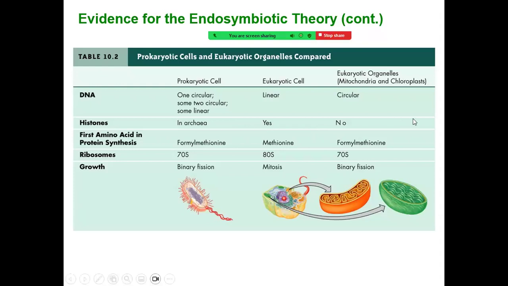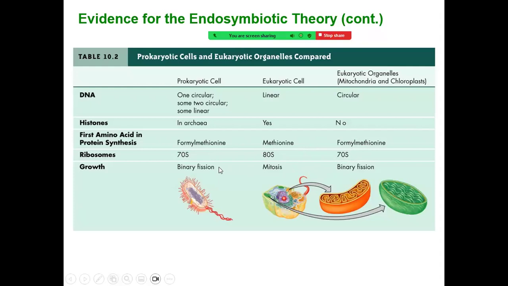When we look at the first amino acid made in protein synthesis in the mitochondria or the chloroplast, it's always formylmethionine. When we look at the ribosomes of a prokaryote, they're 70S in size. When we look at the ribosomes of a eukaryote, they're 80S in size. When we look at the ribosomes of the mitochondria and the chloroplast, they're 70S in size.